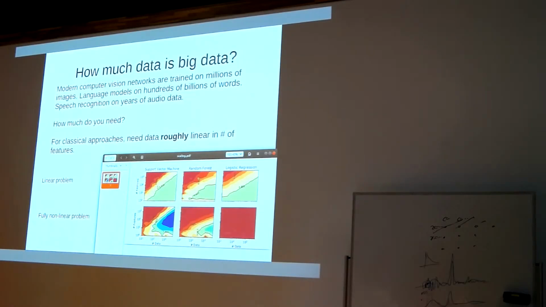So here I've got two problems. Here it was a linear problem, which is just two Gaussians separated, and then I added noise on every other axis. And then I have a fully nonlinear problem where all of the means of the Gaussians were the same and the standard deviations were all in random directions in a high-dimensional space. And in both cases, basically, as I increase the number of features, the algorithms get worse for a fixed amount of data.